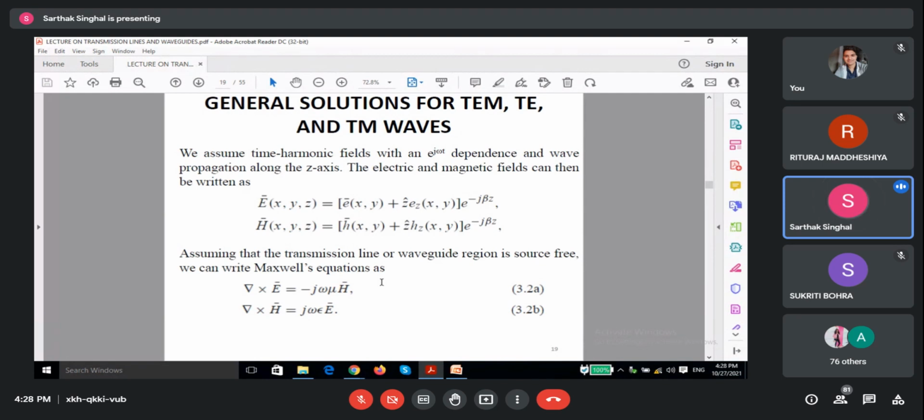Now, what are the Maxwell equations? There is no source in the transmission line or the waveguide, right? So what will be the Maxwell equations? Are these equations correct? What are the two remaining equations?